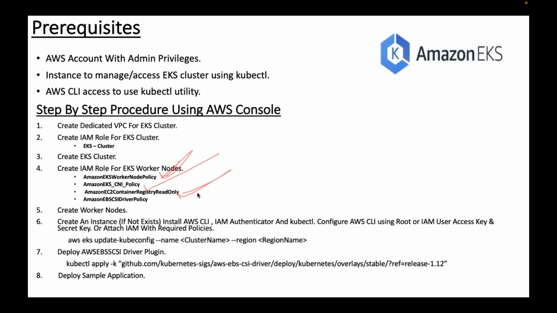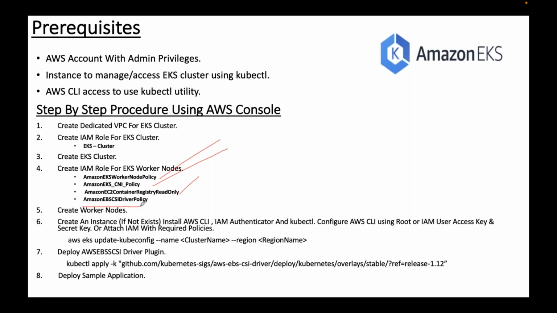So we are going to create one IAM role for worker nodes and attach these ECR policies, EKS node policies to talk to the EKS service, CNI policies for the networking related permissions, and the EBS CSI driver policy. EBS CSI driver policies, because AWS EKS can use EBS volumes for your Kubernetes pods to deploy stateful applications.